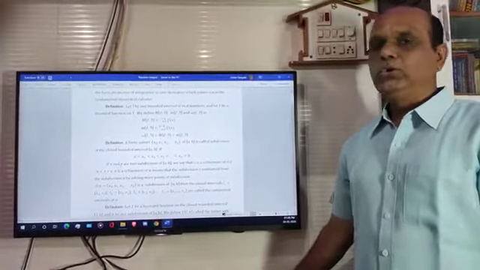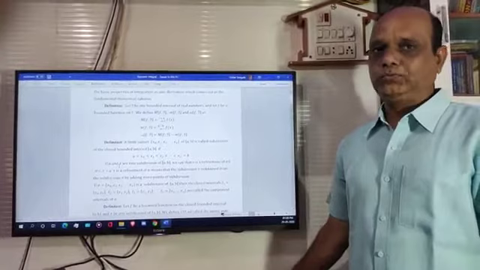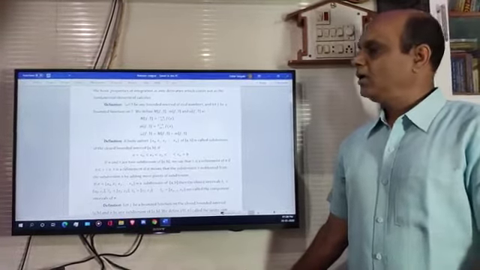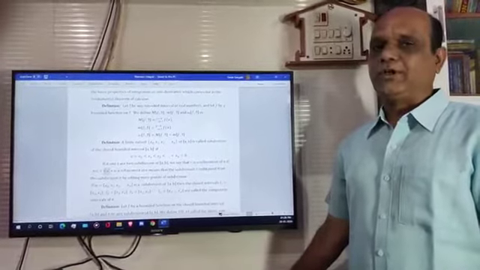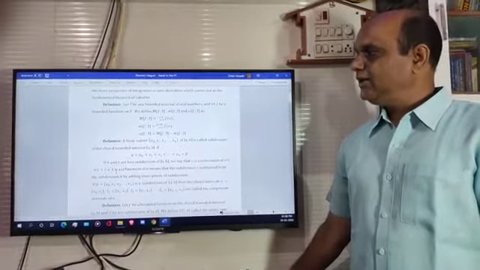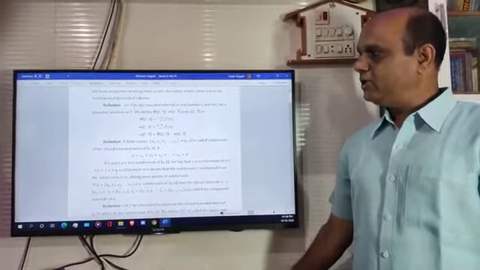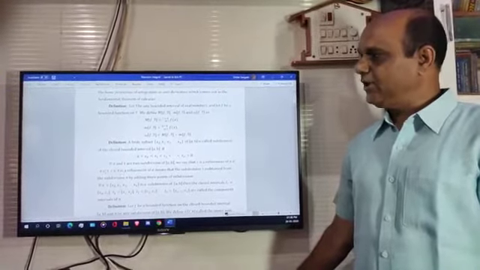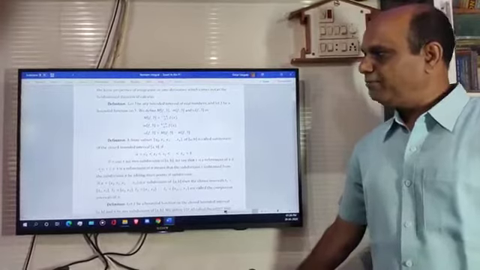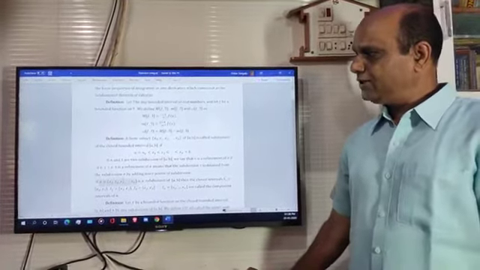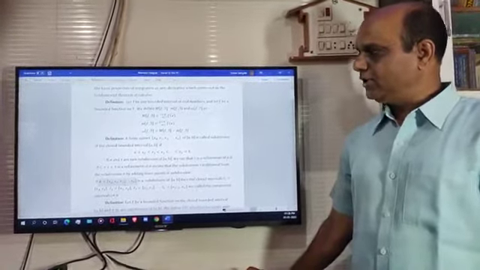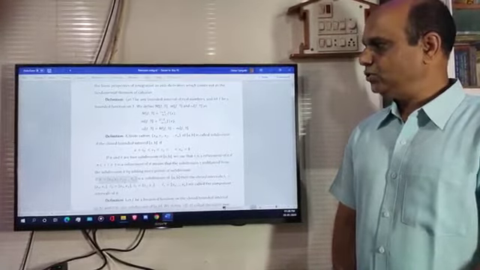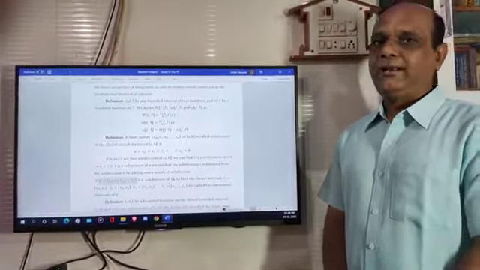If there are two subdivisions sigma and tau, then tau is said to be a refinement of sigma if sigma is a subset of tau, or this tau is obtained from subdivision sigma by adding at least one point in the subdivision sigma.